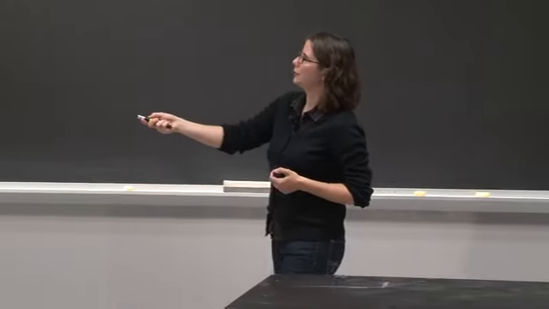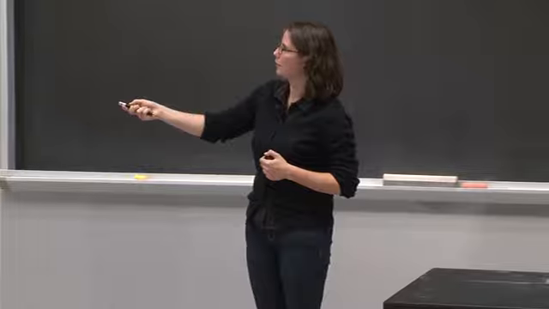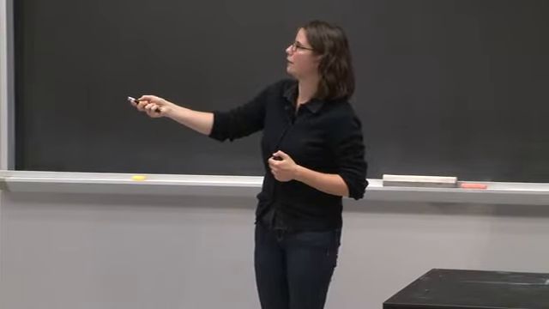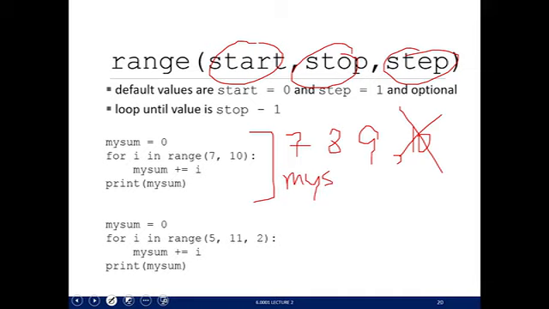Okay? So this loop variable I, the very first time through the loop, is going to have the value 7. So my sum is going to be 0 plus 7. That's everything that's inside the code block. The next time through the loop, I gets the value 8.